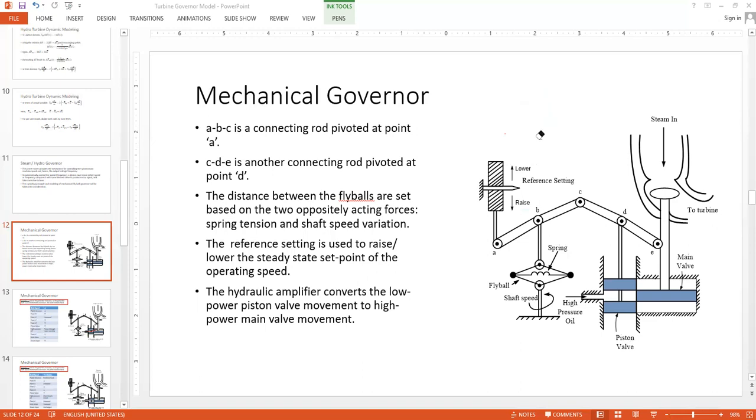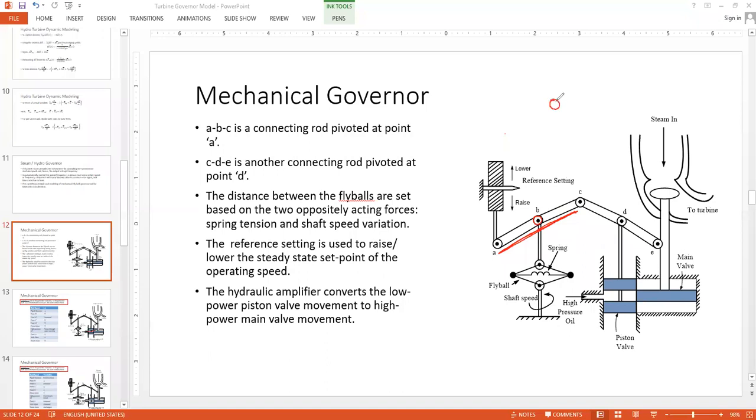Then I have two arms actually. ABC is one of the arms, or one of the connecting rods, which is pivoted at point B. What is the meaning of pivot?